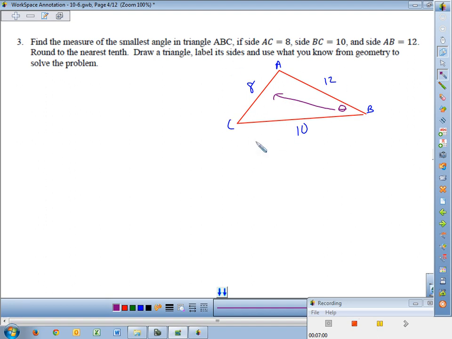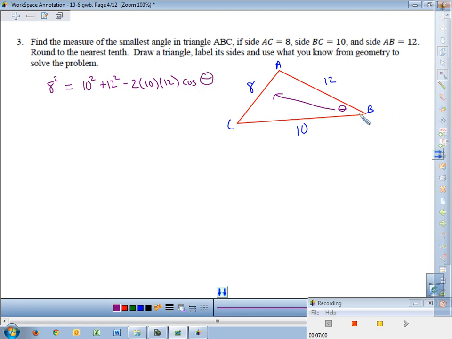This is a side-side-side situation. We've got more than one side, cosides, right? So this is a law of cosines problem, to where the side across from the angle is always that little x. So you start with 8 squared, and that'll equal the other two sides, 10 squared plus 12 squared minus 2 times 10 times 12 times the cosine of your theta, or your capital B, or your big X, whatever you called it right there.